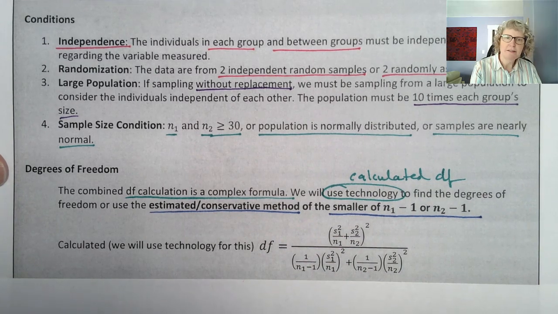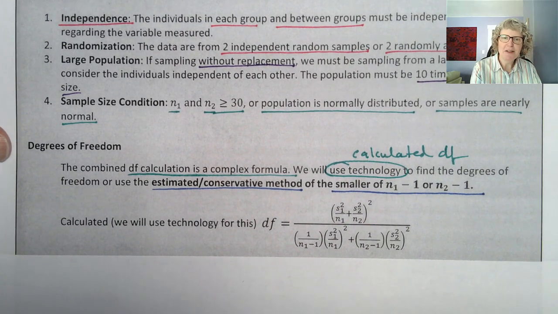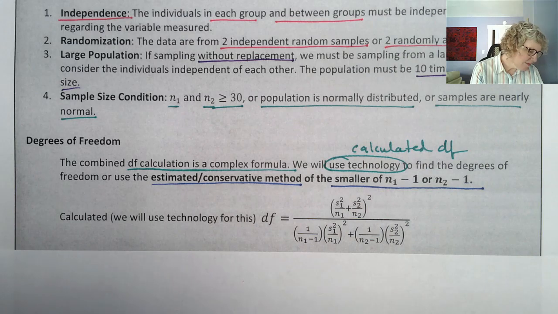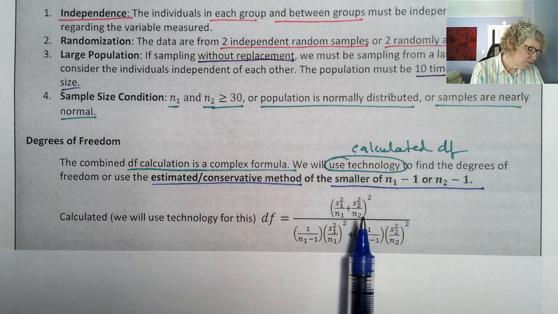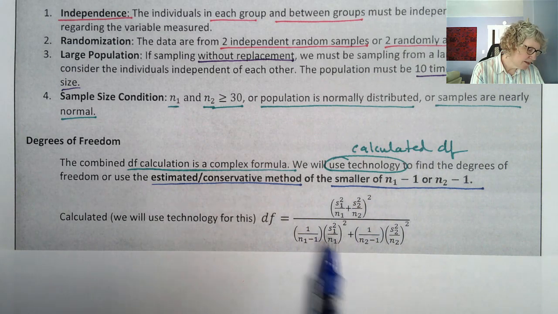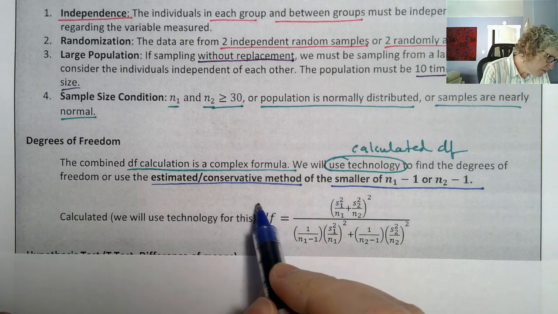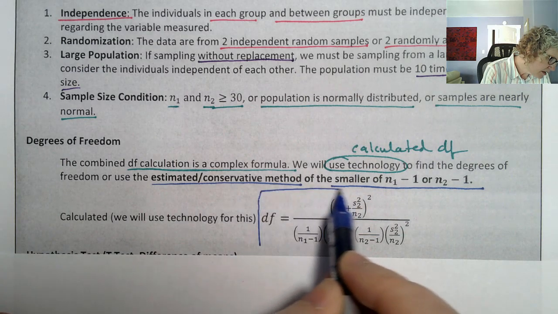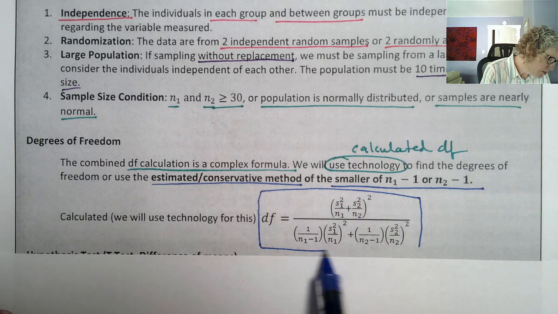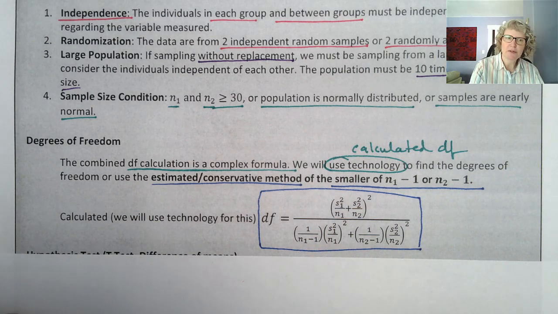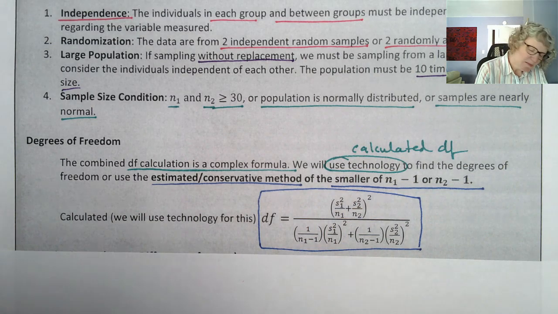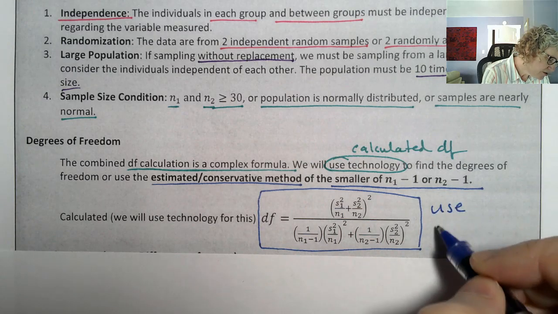Calculated one is this. Isn't that a fun formula? So yeah, it has to do with the variances, has to do with combining, yeah. So I don't expect you to do this. I'm just gonna box it up, but I thought you would be curious if I told you there was a formula, you'd want to see it. We're gonna use technology.